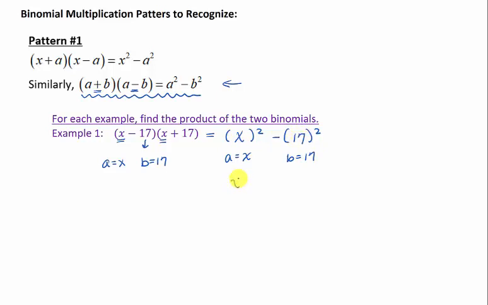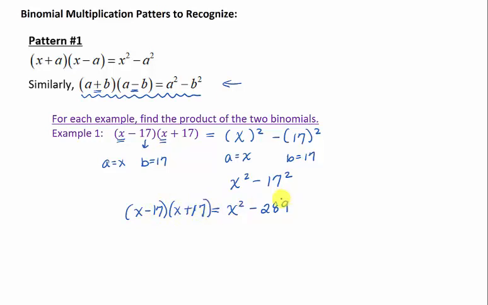And now we know that we have x squared minus 17 squared. And you can do two things. You can leave it 17 squared, or you can multiply it out. So if we multiply 17 times 17, we get 289. So that would be x squared minus 289. And that is the product of x minus 17 times x plus 17.